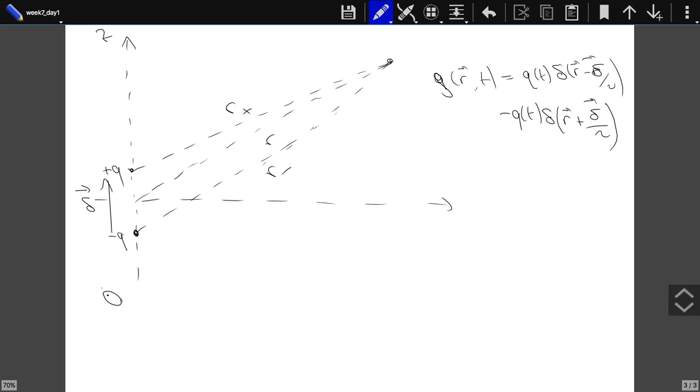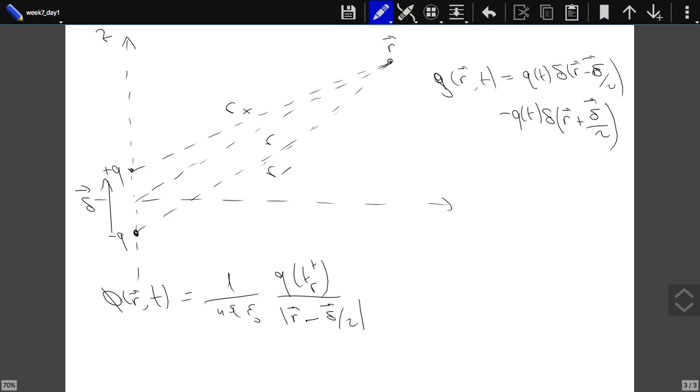So the potential at the point r, at the time t, this point is my point r. This is 1 over 4 pi epsilon 0 q of t_r plus, corresponding to the retarded time for the positive charge, divided by the magnitude of r minus delta over 2.